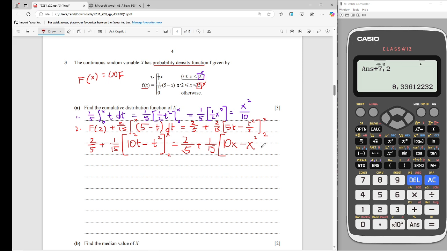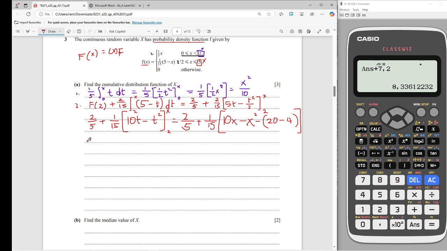So it's going to be, now we need to subtract. When you put in 2 into our lower limit, we get 20 minus 2 squared, which is 4. Now we can further get the values.